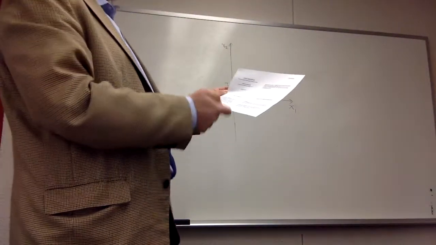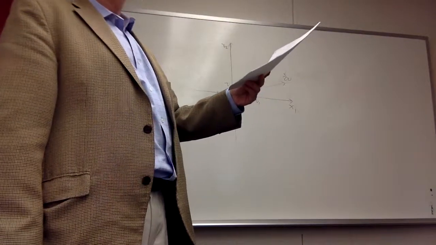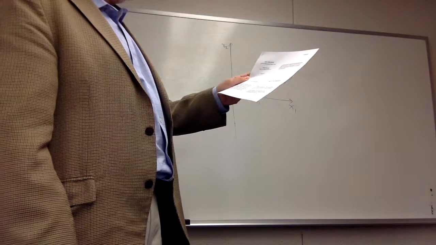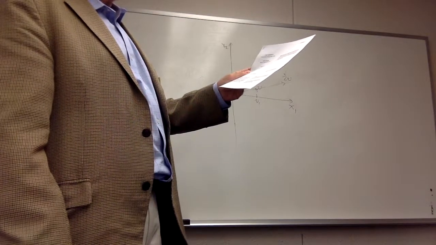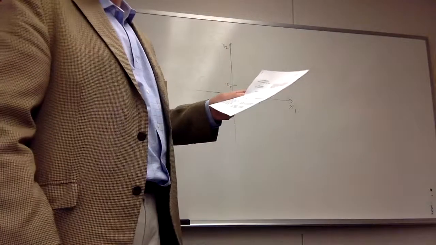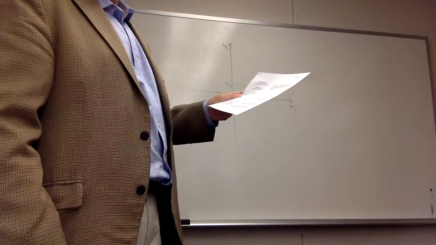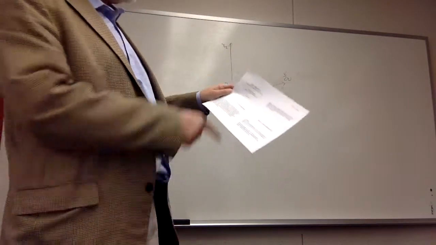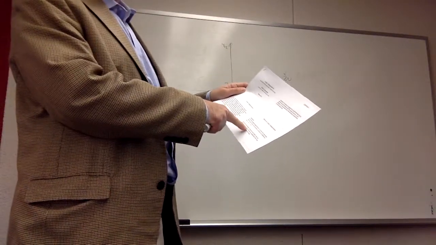Definition: let n be a positive integer, let v in R^n be a non-zero vector. The line generated or spanned by v is the set defined as I show here. That is what I just said on the board, right? The script L of v is the formal notation.